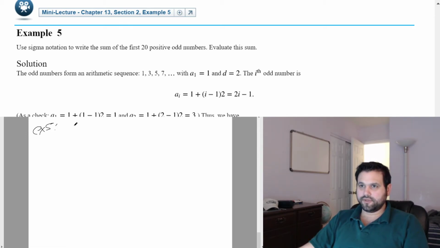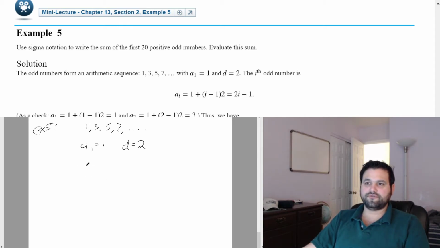So we know that that's going to look like 1, 3, 5, 7, and so on. We know that the first term is 1. We know that the rate of change here is 2. And we know that a general formula for this sequence, a sub n, would be 1 plus n minus 1 times 2.